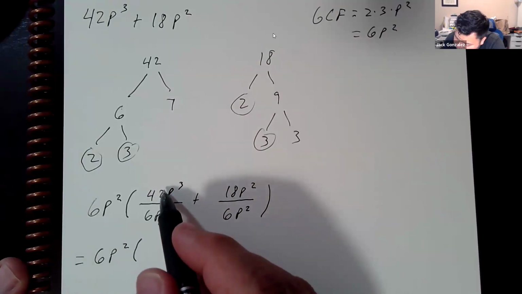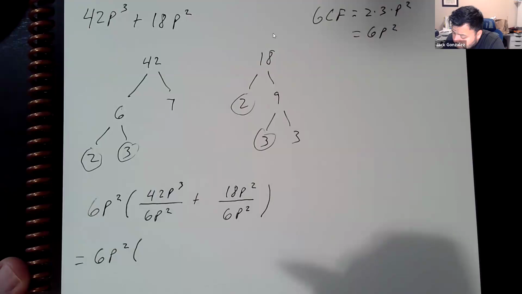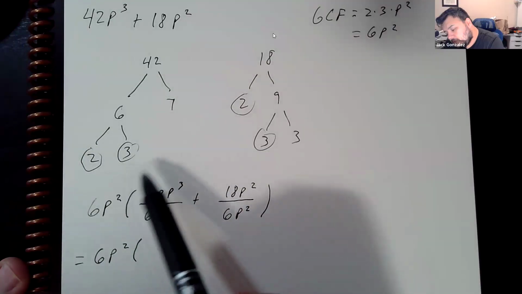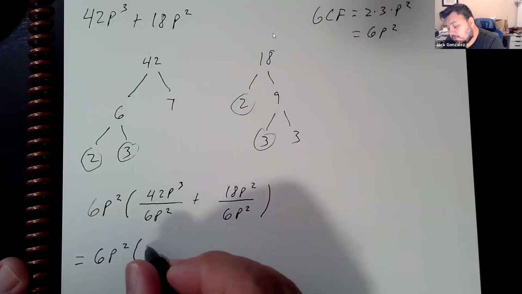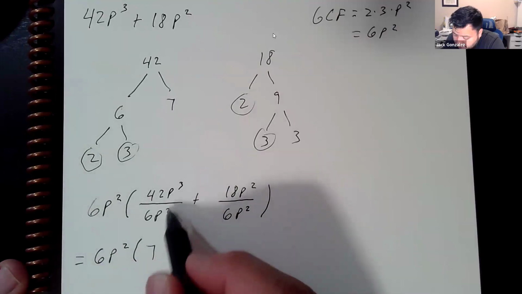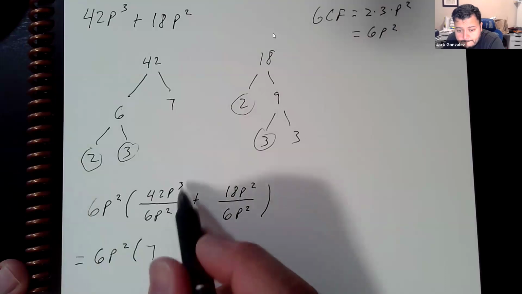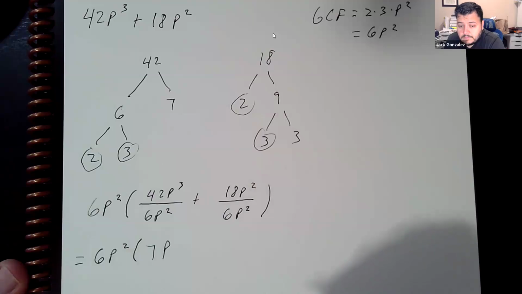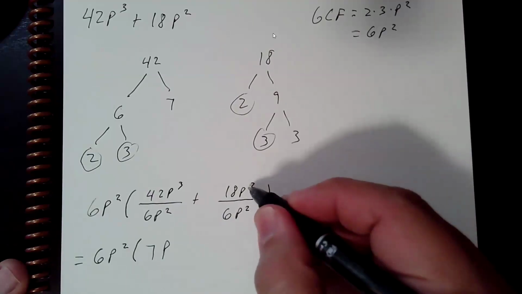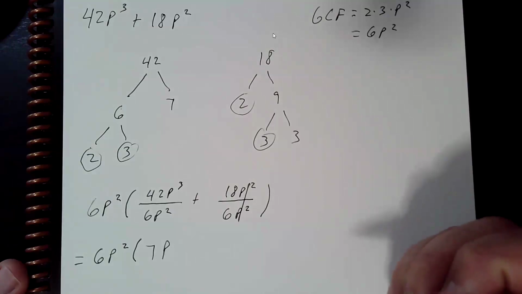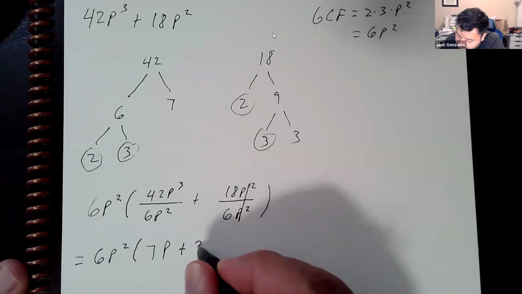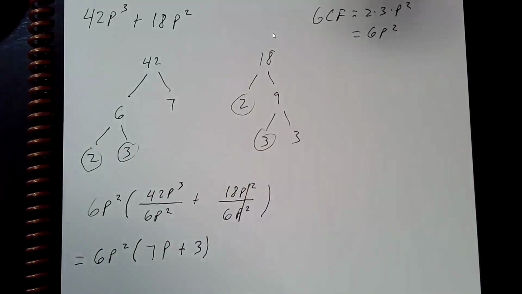What's 42 divided by 6? 7. And notice these are gonna reduce, right? P cubed and p squared, to be left with a single p. These are completely gone. 18 divided by 6. This will be your answer.